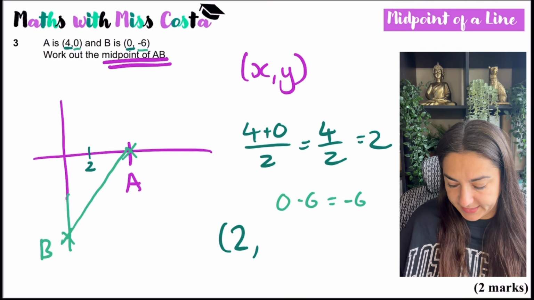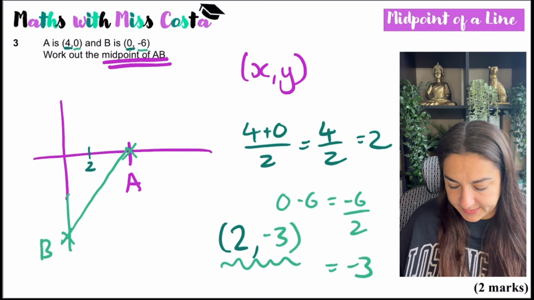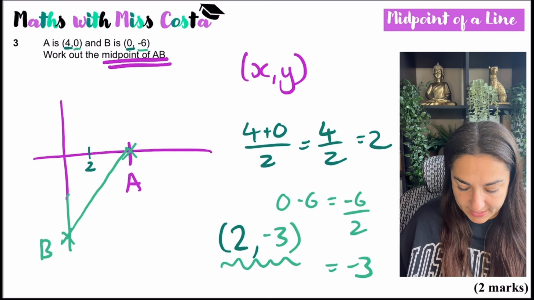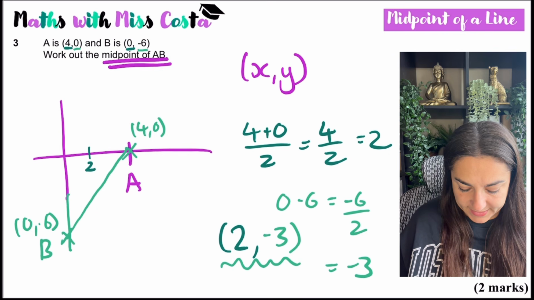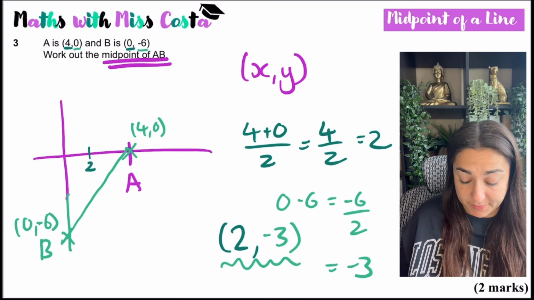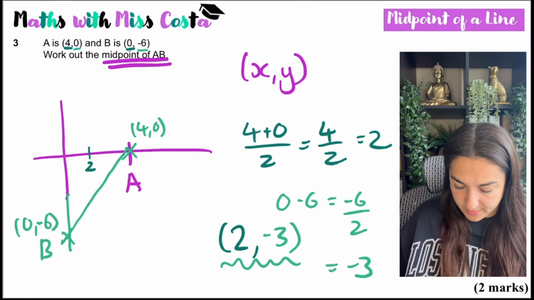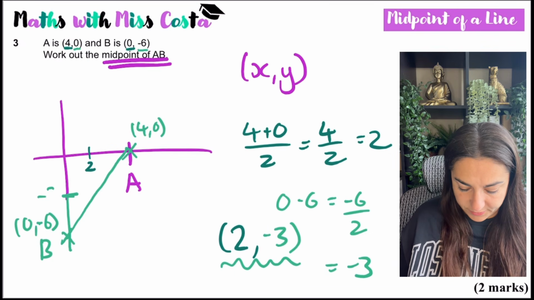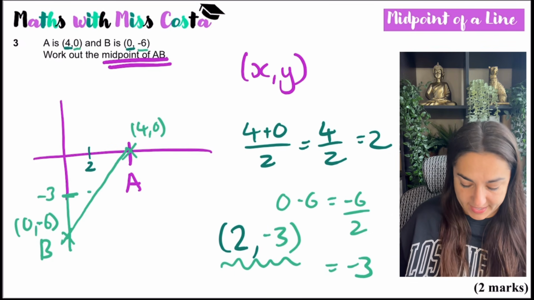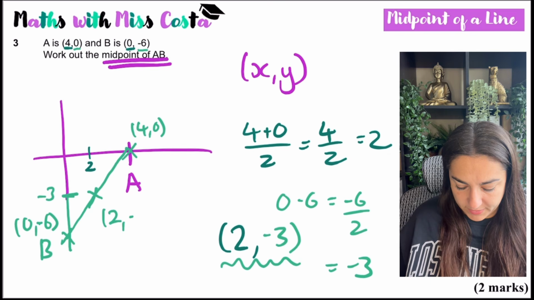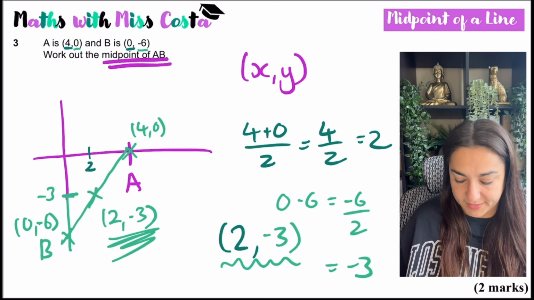So 0 minus 6 is -6, divided by 2 is -3. And then let's just check if that makes sense. Well, here I've got 4, 0, here I've got 0, -6. And does it make sense that the midpoint is going to be 2 and -3? Yes, because that is halfway. So your midpoint would be 2, -3.